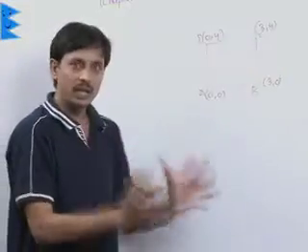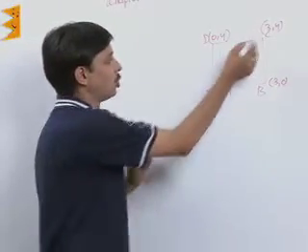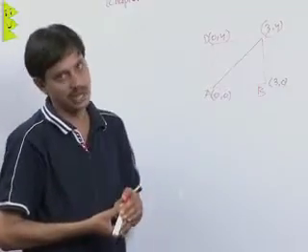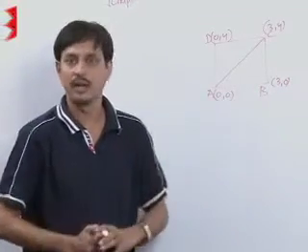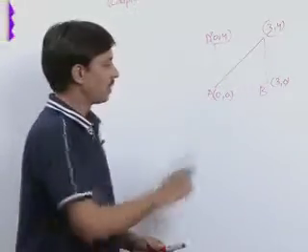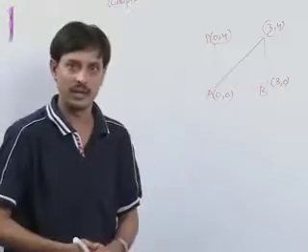To find the area of this quadrilateral by using the distance formula, first of all we will join A to C. That is, we will draw one diagonal to separate the quadrilateral into two separate triangles. ABCD is a quadrilateral. By joining AC, it has been separated into two triangles.